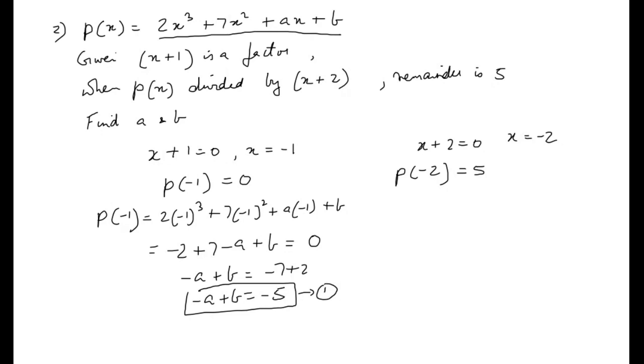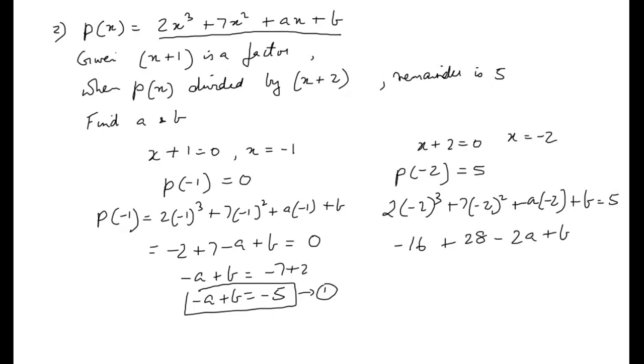Moving on to the equation that has a remainder. 2 into minus 2 cubed plus 7 into minus 2 squared plus a into minus 2 plus b is equal to 5. So here we get minus 16 plus 28 minus 2a plus b is equal to 5. So minus 2a plus b is 5 plus 16 minus 28.